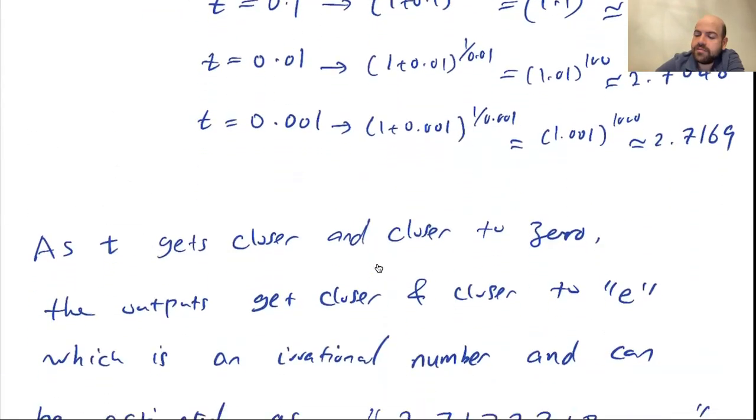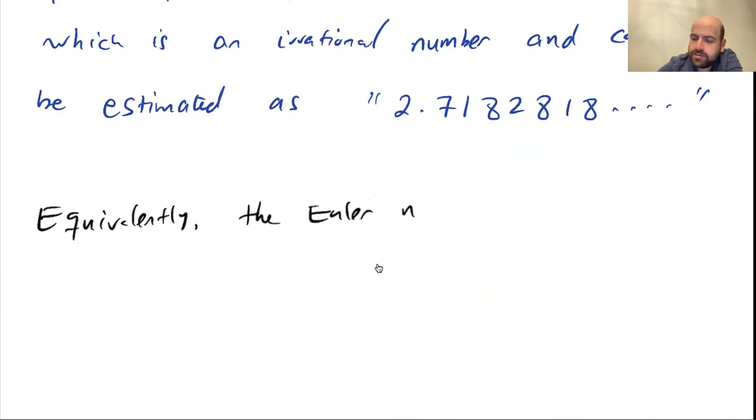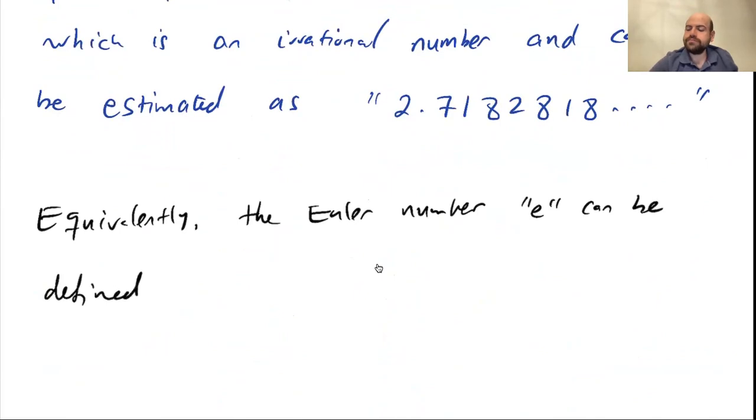So this Euler number E can also be defined in another equivalent way. So equivalently, the Euler number E can be defined as follows.